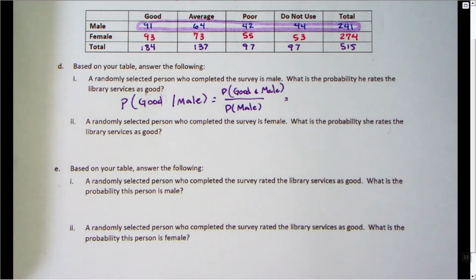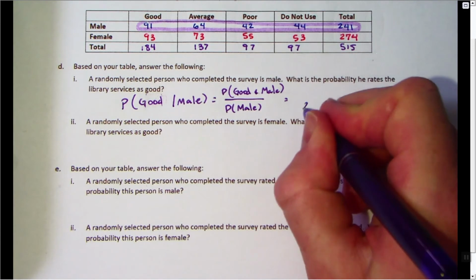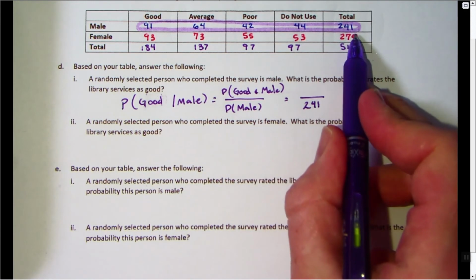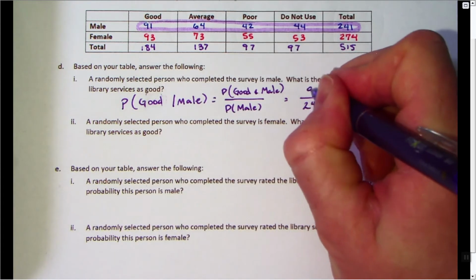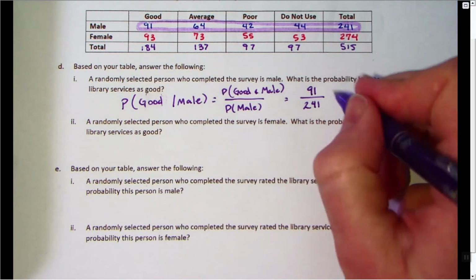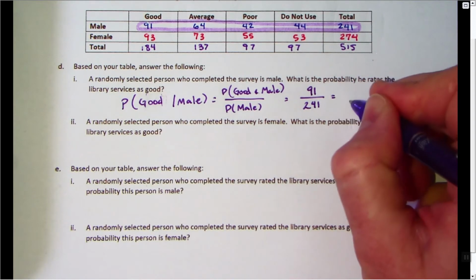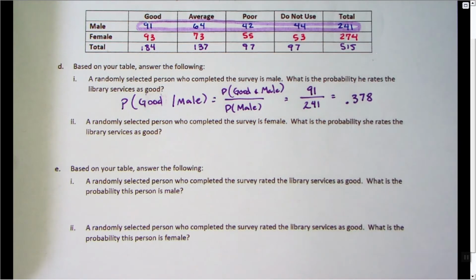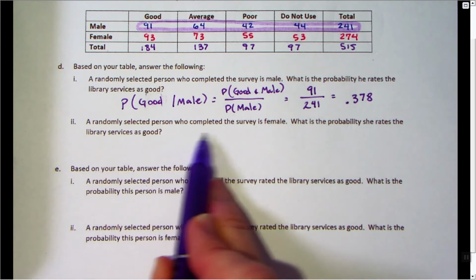Out of the males, and there's 241 males, what's the chance that they rated it as good? There's 91 males who rated it as good. If I divide 91 by 241, I get the decimal 0.378.